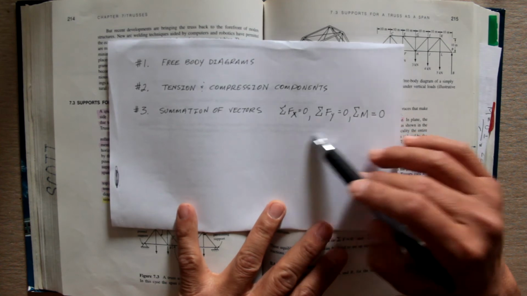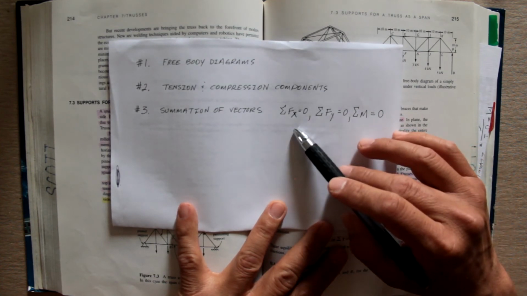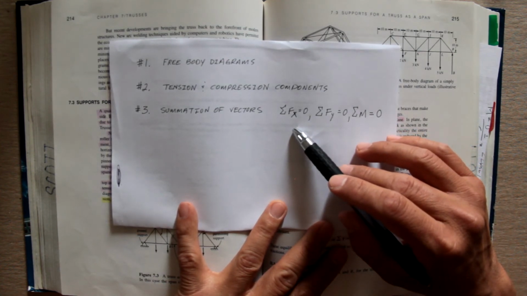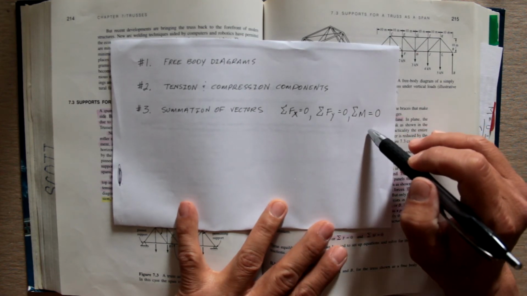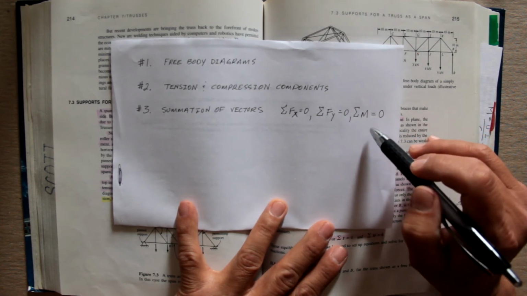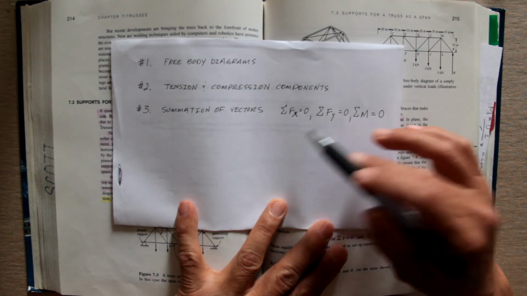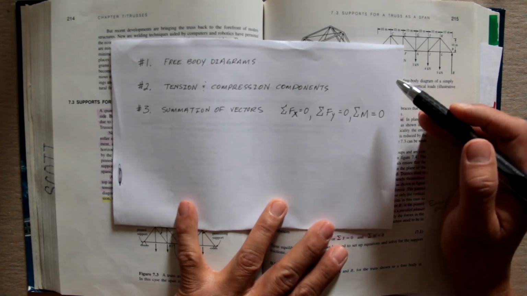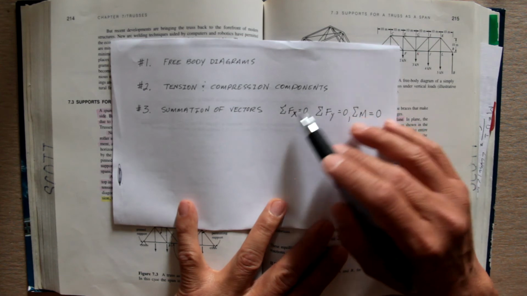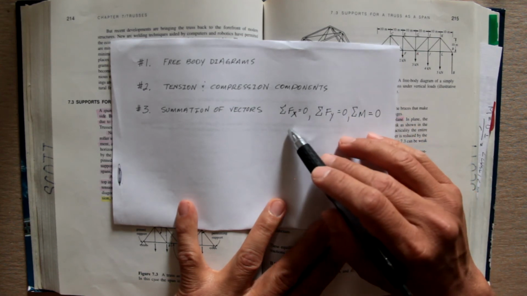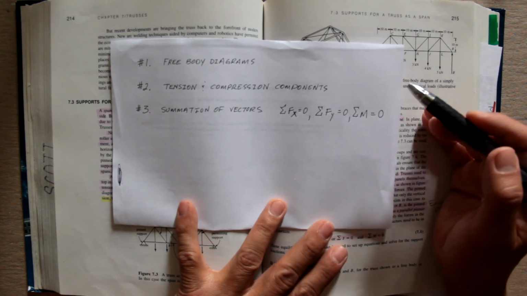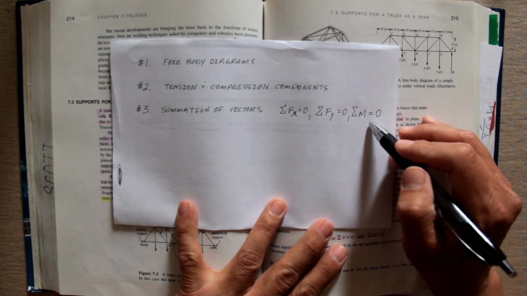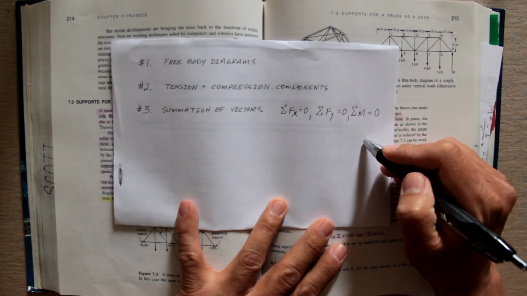And the only reason why we're doing that is you're going to find out that out of these three equations, the challenge is going to be finding the equation that has the least amount of variables. So out of these, 2 out of 3 might have 2 unknown variables for this equation and this equation, and then if we solve for moments, we might have only 1 variable.